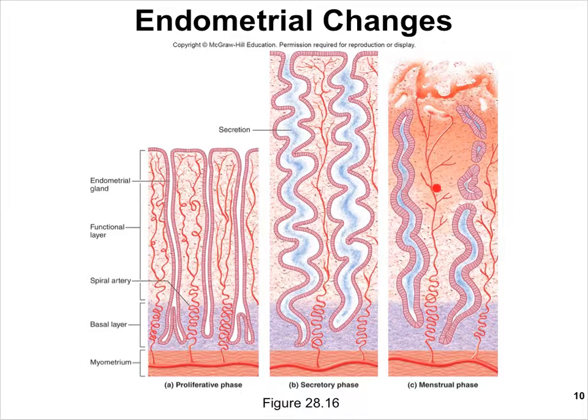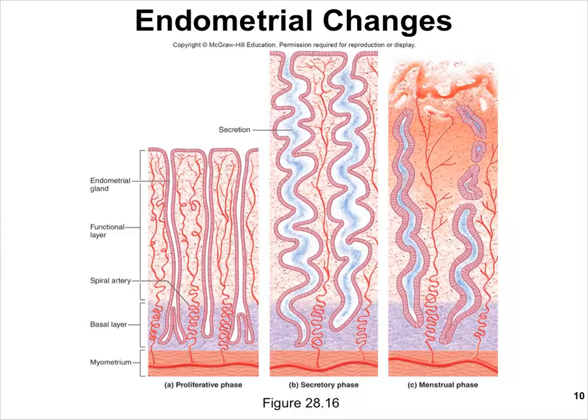And it will eventually die away all the way back down to the basal layer and start to build itself back up in the proliferative phase. This is what the female sexual cycle looks like if pregnancy does not occur.